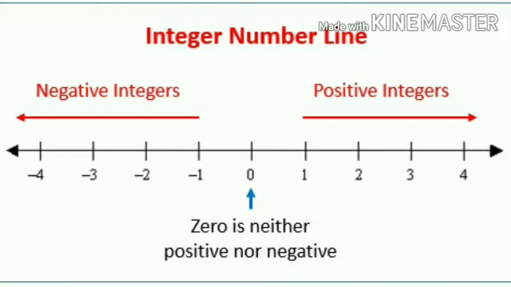As shown in our number line, -1, -2, -3, -4 and so on. The arrows at the ends of the number line show that we can extend the number line up to infinity. This is the presentation of all the integers on a number line.